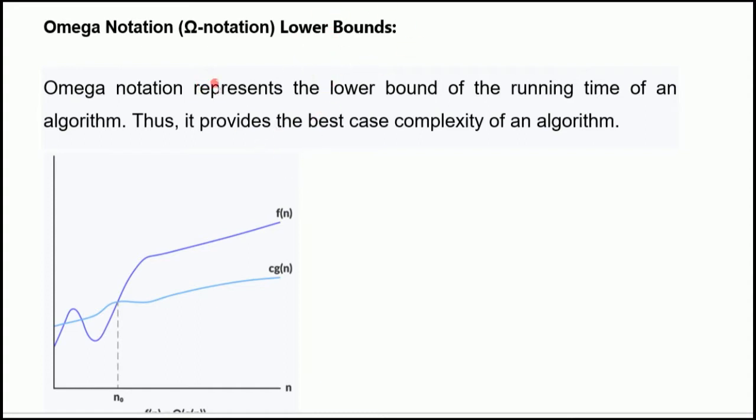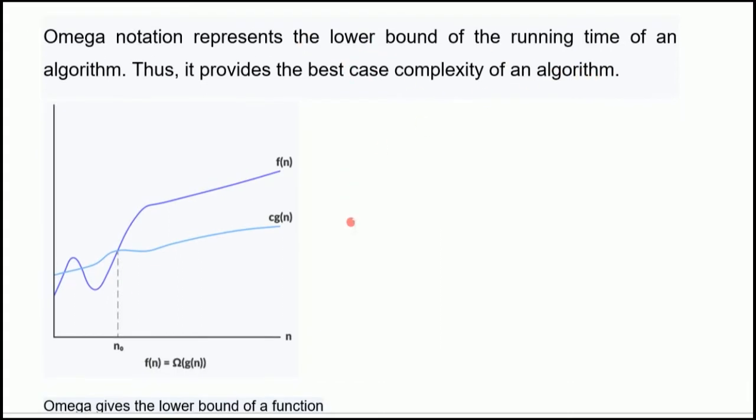It is for the lower bounds, and it is for the best case complexity of an algorithm. Remember, big O notation is for the worst case, and omega notation is for the best case complexity of an algorithm, and it represents the lower bound of the running time of an algorithm.